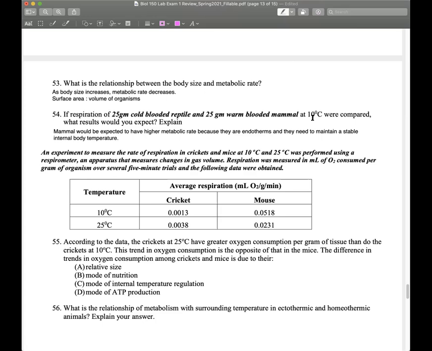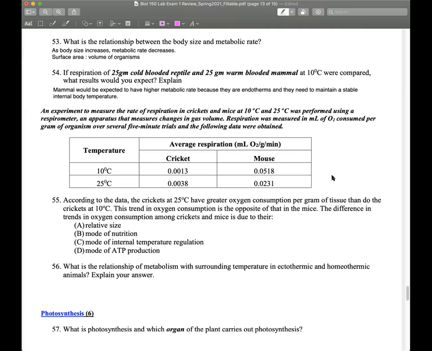So now it's asked us to look at some data from an experiment where we were looking at the respiration, so milliliters of oxygen per gram per minute. Okay, this seems like a riff on the metabolic rate that we calculated earlier. But anyway, we're looking at a cricket and a mouse, so just how much oxygen they're consuming per unit of their mass and at 2 different temperatures.